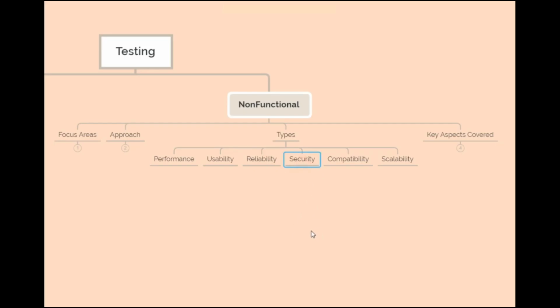Security testing, checking for vulnerabilities and ensuring data protection. Compatibility testing, verifying that the software works across different devices, browsers, or operating systems. And scalability testing is testing how well the system scales with increased load.